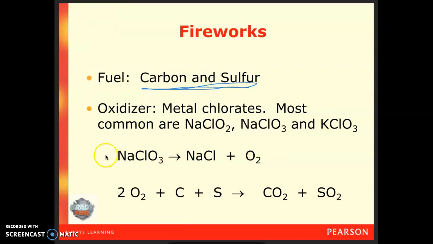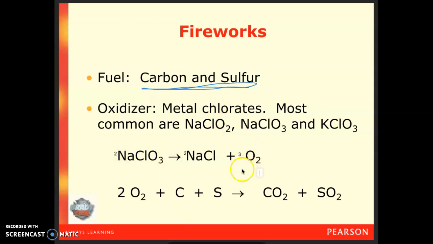The reaction goes as follows. We get a high intensity decomposition, where the heat of the reaction starts to break down the chlorate into common salts, sodium chloride, and oxygen gas. I get 3 oxygen gas molecules for every 2 molecules of chlorate.